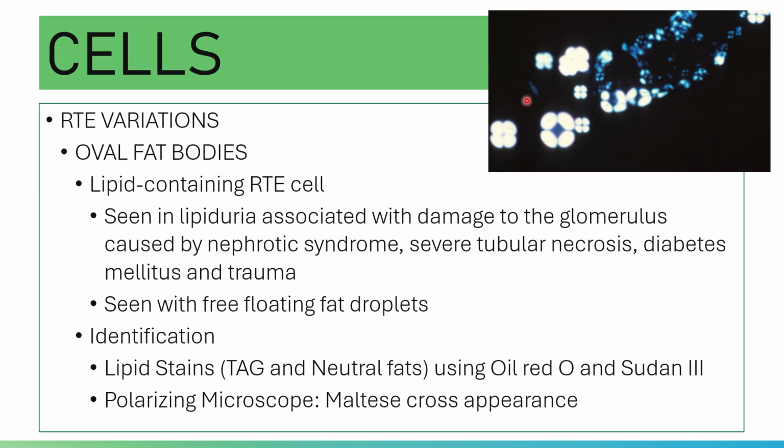But please note that there are other substances that will polarize light also, like starch and some crystal particles, so care should be taken not to confuse them. Samples contaminated with vaginal preparations and lubricants also produce free-floating fat droplets.